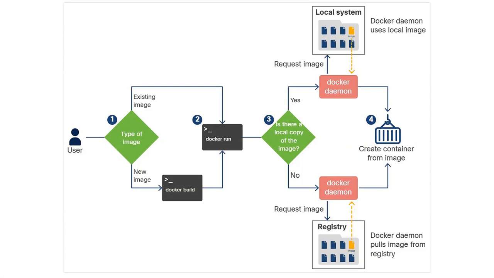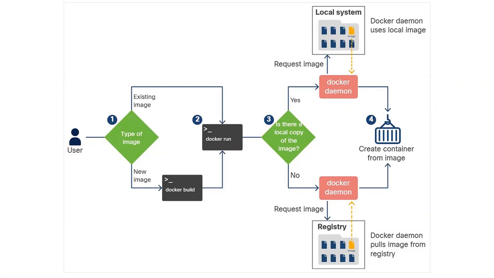First, either create a new image using docker build or pull a copy of an existing image from a registry using docker pull. So it's this part. Depending on the circumstances, this step is optional.